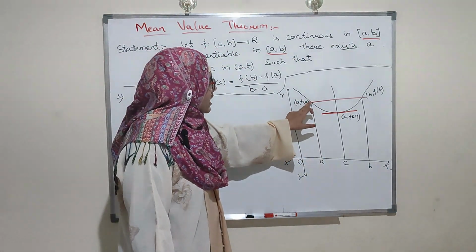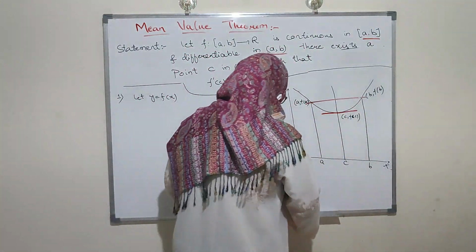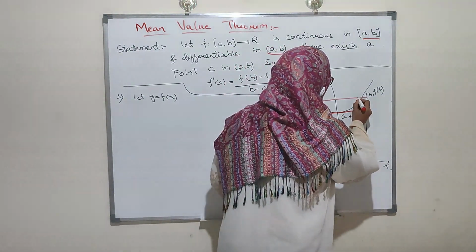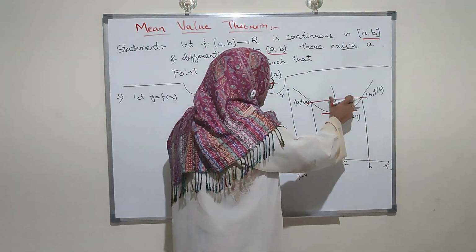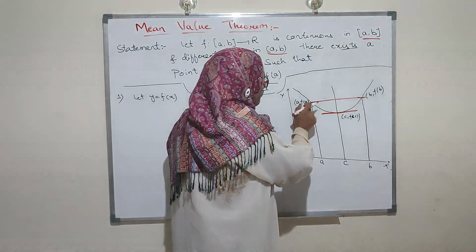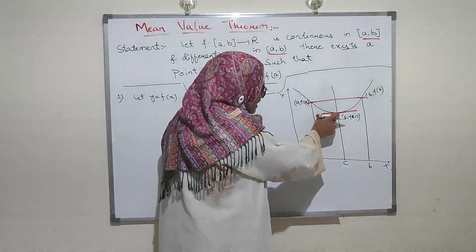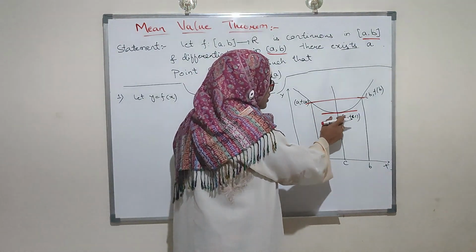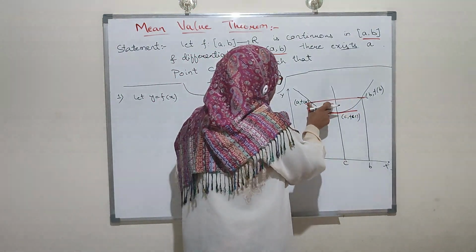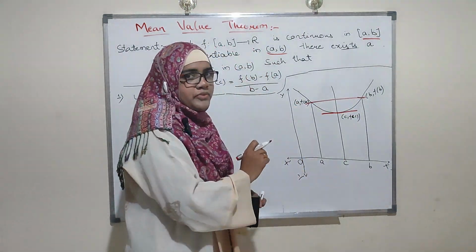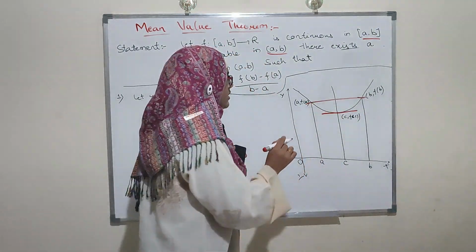And the other line we have drawn intersects this parabola at a comma f of a and b comma f of b. This line just touches the parabola, so it is known as the tangent to the curve. The lines which cut the parabola at two different points are known as secants.